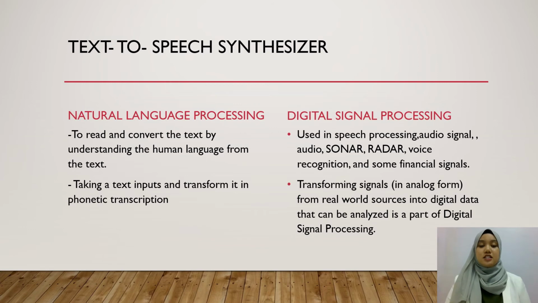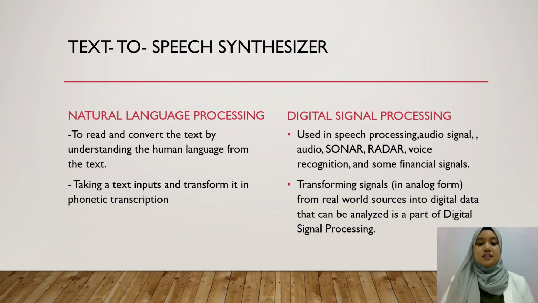DSP, which is digital signal processing, is primarily used in speech processing, audio signals, and also sonar and radar. For example, digital signal processing is used for compression of speech in mobile phones, as well as mobile phone transmission.